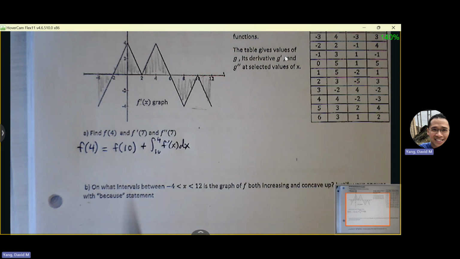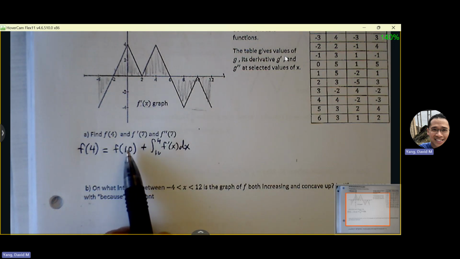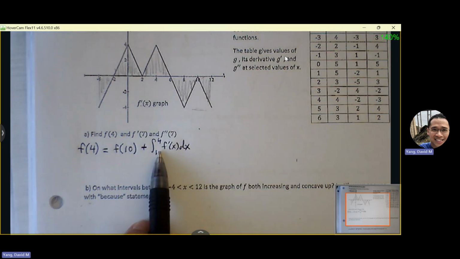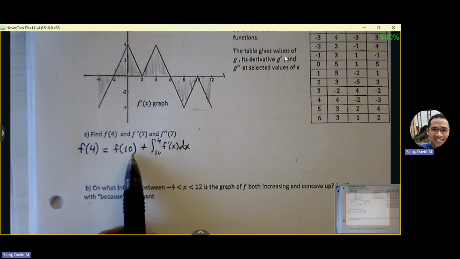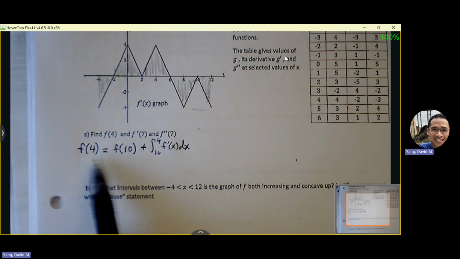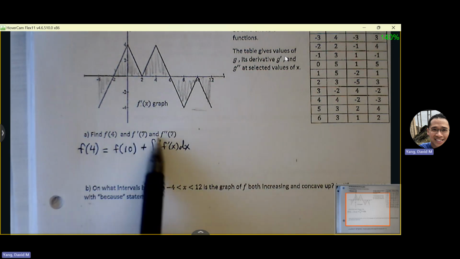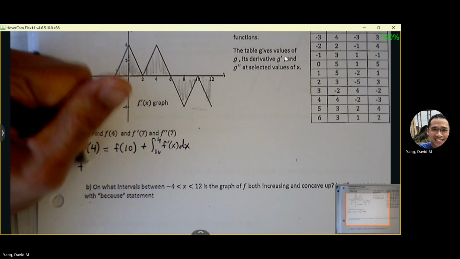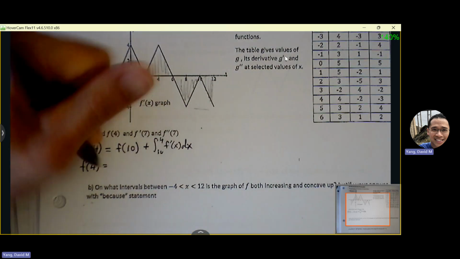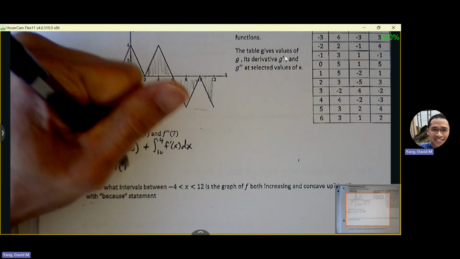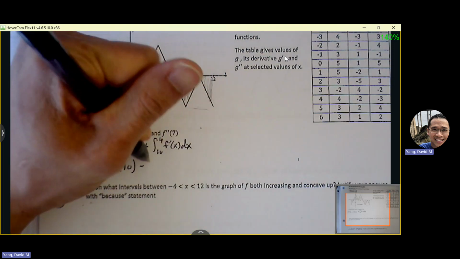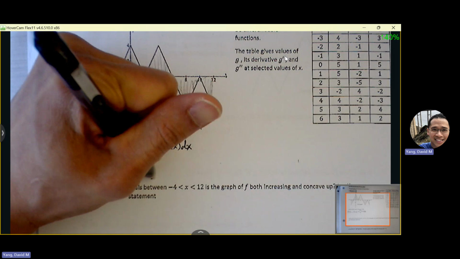And it may end up being backwards, but we can always adjust it later. But we want to always say, okay, I'm starting at 10 and I'm ending at 4, because that's my starting point and this is my ending point. Now that we realize, oh, this is out of order, we can rewrite it into a more favorable order. And then we can adjust that change with the minus in front.